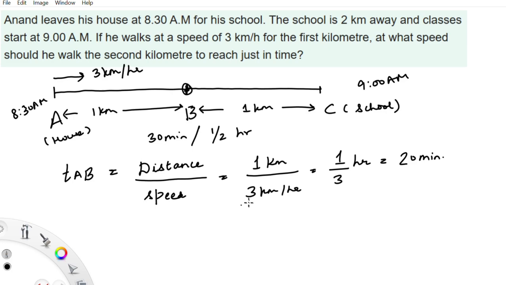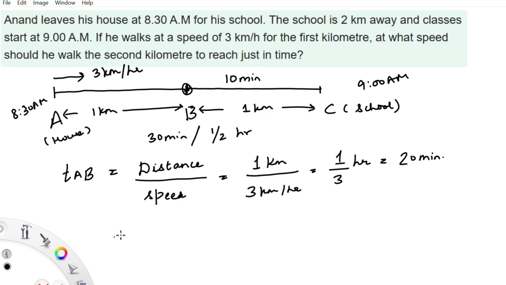Right? Now, one thing is very clear. If he is taking 20 minutes to start from point A and to reach point B rather, so he has to cover the remaining part BC, or the remaining distance BC, in 10 minutes.